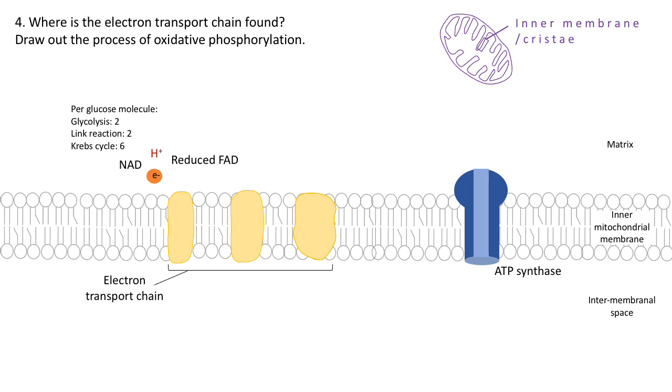We also have reduced FAD, 2 of those from the Krebs cycle per glucose molecule. And again, that gives over its hydrogen atom, that is an electron and a proton. So let's go through the next step.